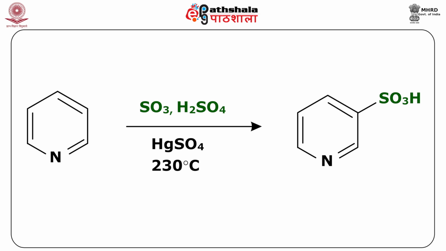Now, electrophilic aromatic substitutions take place at position number C3. For example, sulfonation of pyridine at high temperature shows that pyridine sulfonic acid is formed.